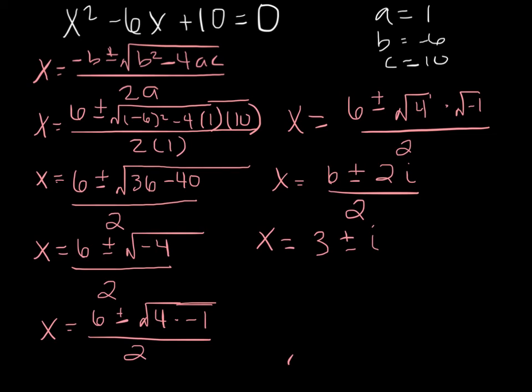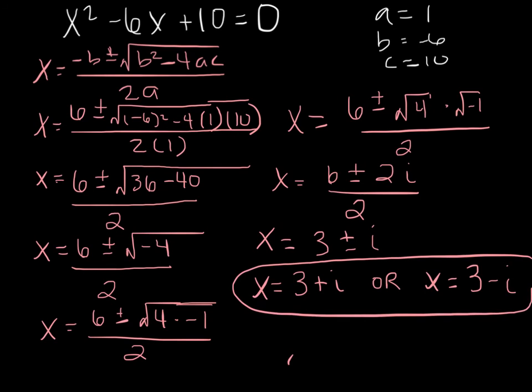All right, so you can just leave it like this, or if you wanted to write it like this, x equals 3 plus i, or x equals 3 minus i. Those are all of our options. So these right here are our complex numbers. Okay, so these would be our solutions.